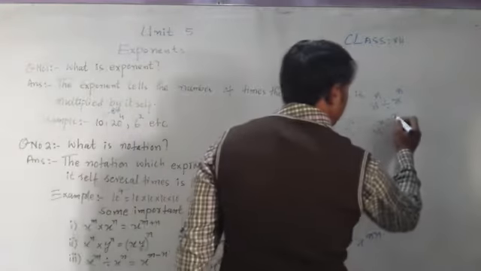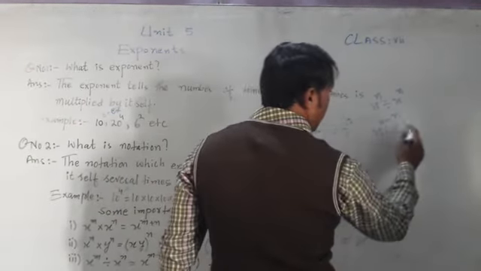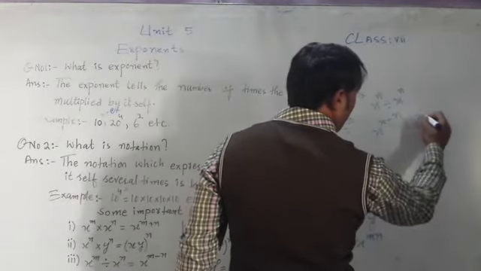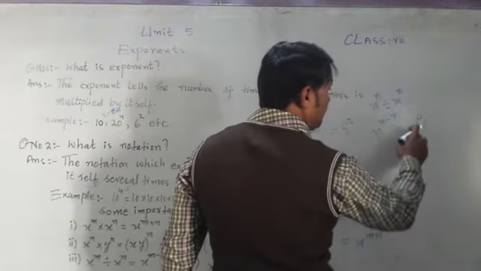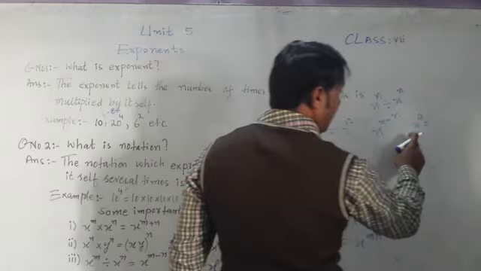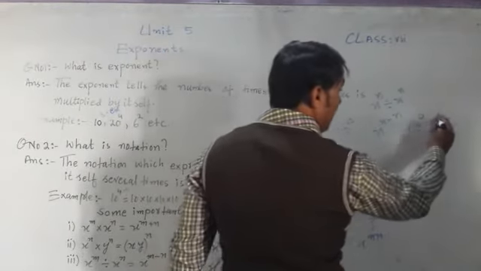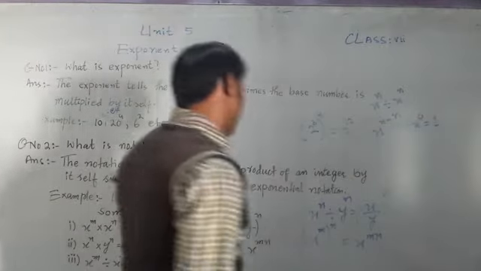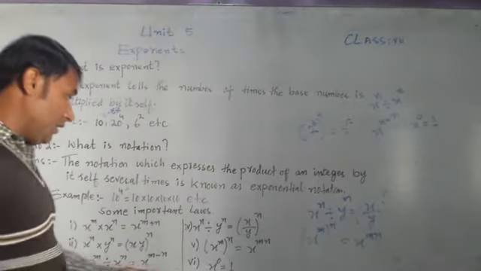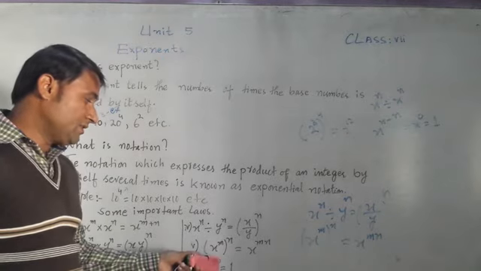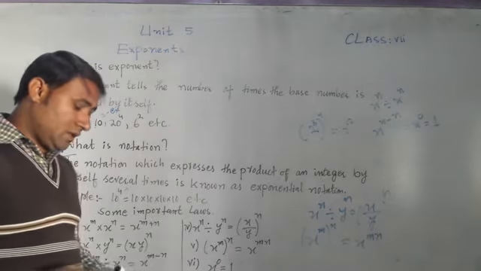So here we subtract the powers, n minus n, and the answer is 0. When any number has power 0, it is equal to 1. So here x power 0 is equal to 1.